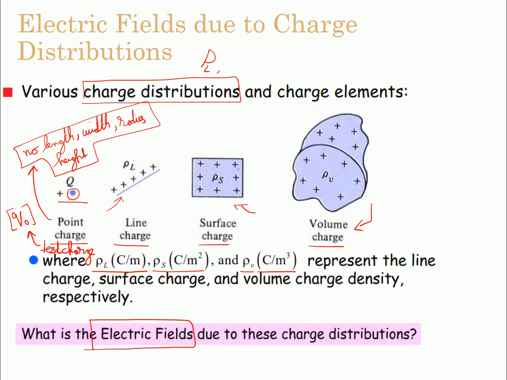Now let us understand how we are going to find the electric field due to these charge distributions whenever they are lying in volumetric space, surface, or line, starting our analysis with volume charge distribution. Charge distribution can be divided into two types.